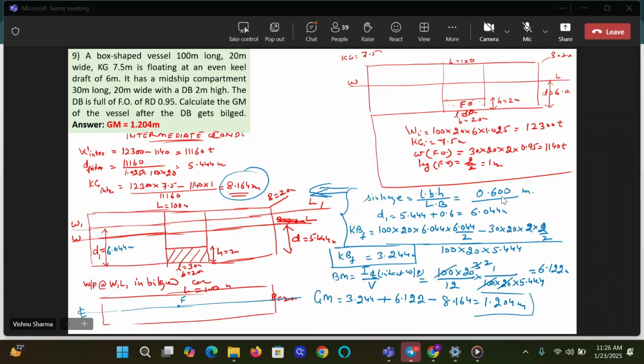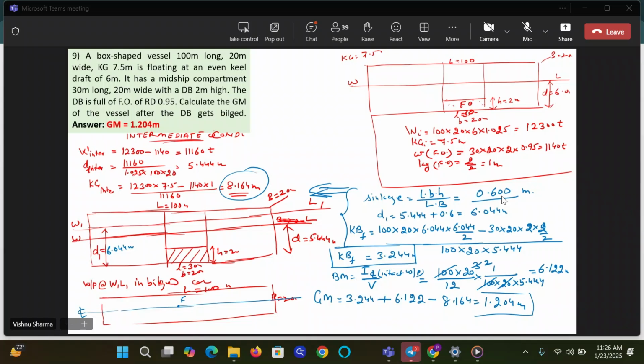The vessel was trimmed, and that was also addressed. So guys, is it clear how to deal with a vessel bilging if the compartment bilged is carrying liquid? It could have been seawater, fresh water, or any oil. Doesn't matter. You have to treat it as the tank content. That's all you have to do.